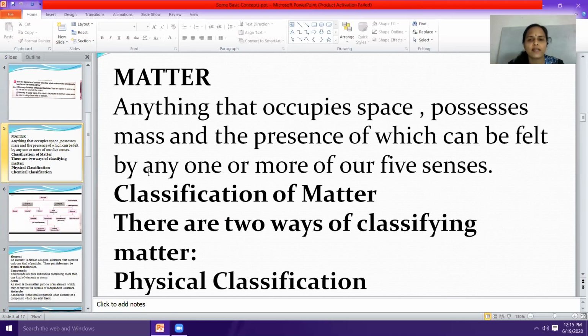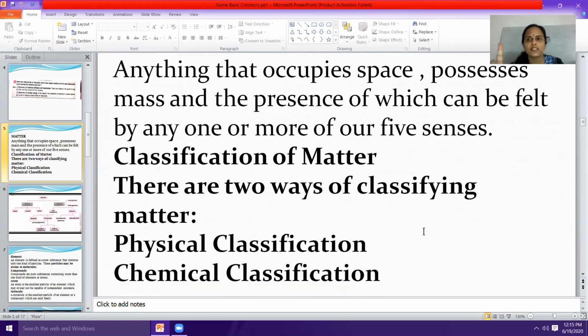Classification of matter. There are two ways of classifying matter. First is physical classification, and the second is chemical classification. Physically we can classify matter into three types, that is solid, liquid, and gas. I'll show you all this by the flow chart.